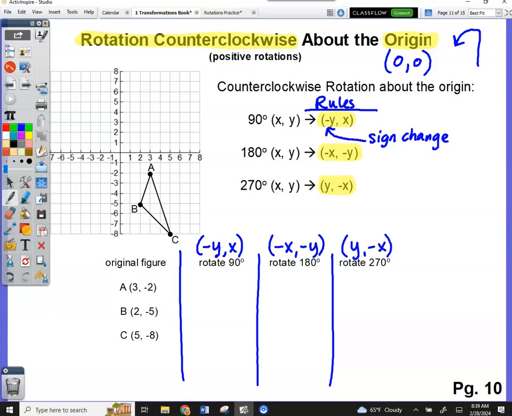And then now I want you to apply the rule. So remember the way you read this, negative y, x. This means change the sign of y and then bump the position to the other. So when we change the sign of y, say y on the original figure is negative, would that change to a positive? Yes.